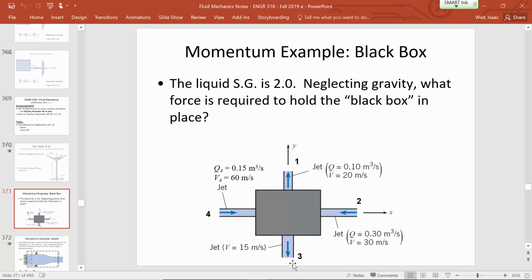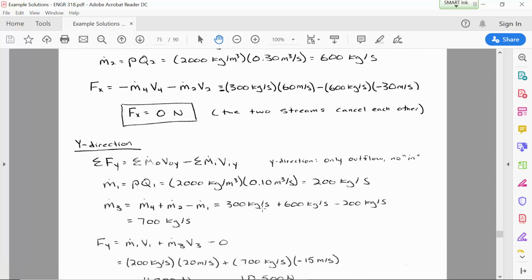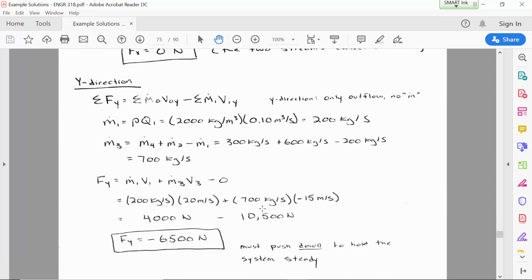vertically, we don't know Q3, and so this is where we apply in equals out. In is 2 and 4, out is 1 and 3. So all of the fluid that's coming in, some of it comes out at 1 and the rest goes out at 3. So the balance of the flow rate at 3, here's where I'm calculating that.